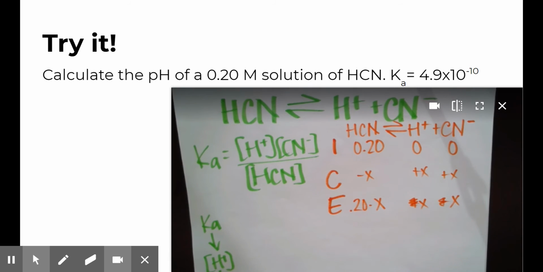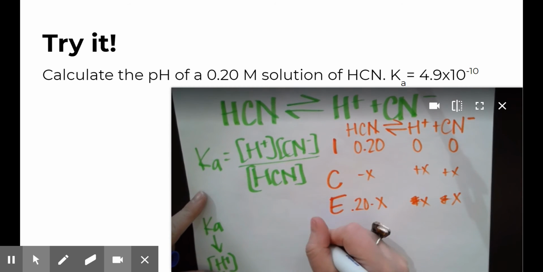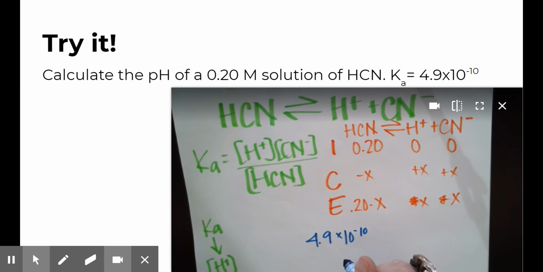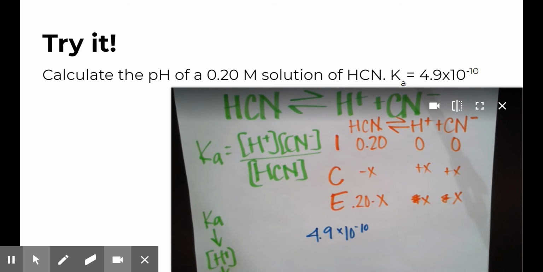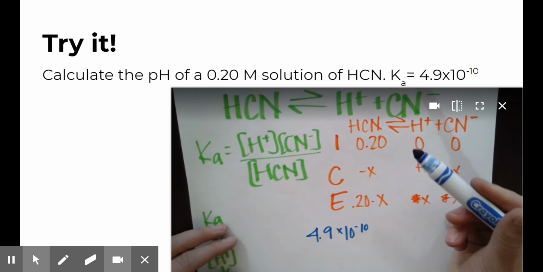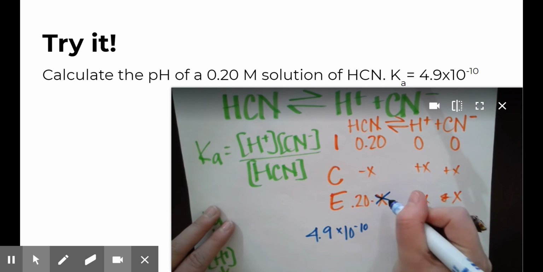Very similar thing going on here when we plug this all back in. We know that our Ka is 4.9 times 10 to the negative 10. Is that really small? Yeah, that's really small. That's way more than 3 powers of 10 away from this 0.20 number. So we can ignore x.